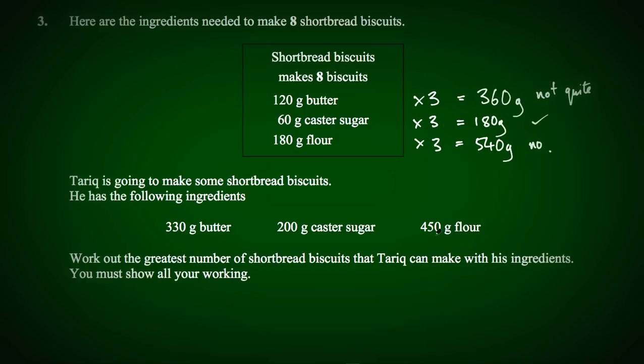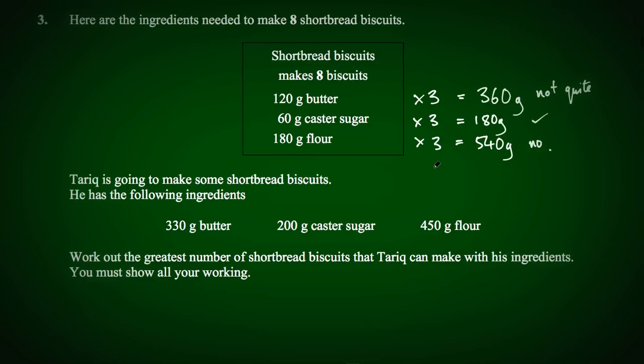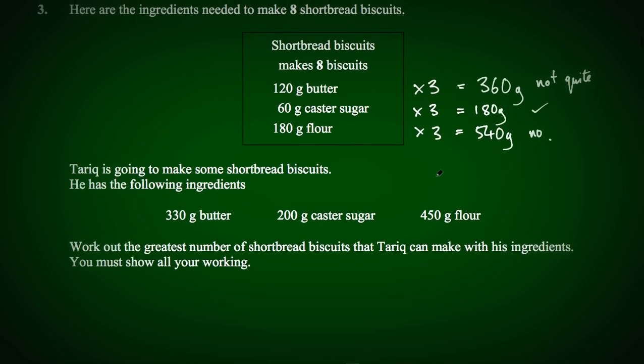So I'm going to see how many biscuits he can make with 450 grams of flour, because that's the limiting factor. So 180 grams of flour is 8 biscuits. Let's double that to begin with, so that's 360 grams of flour makes 16 biscuits.